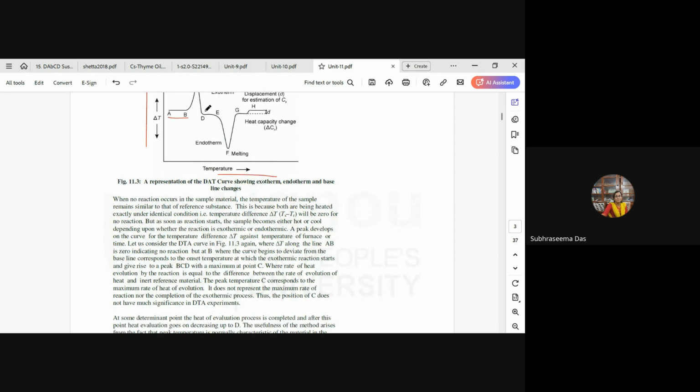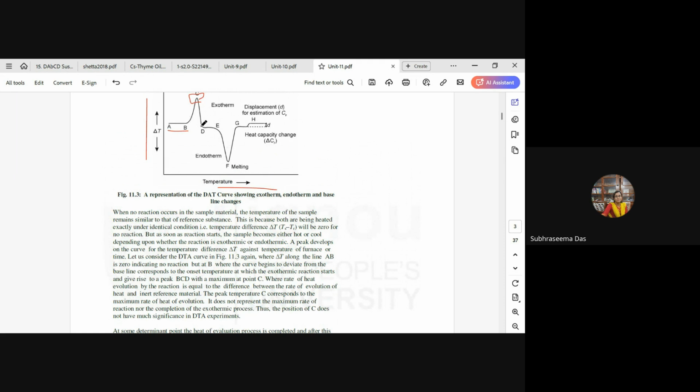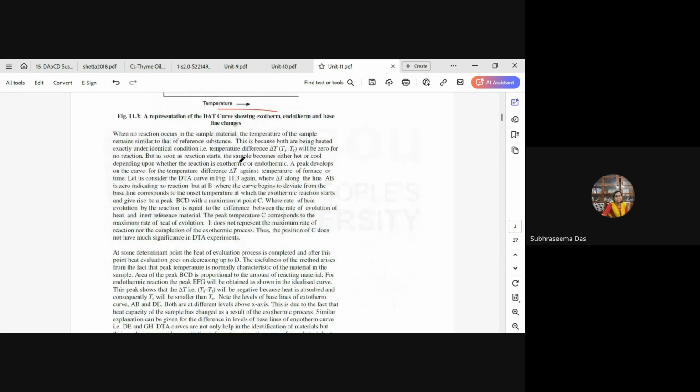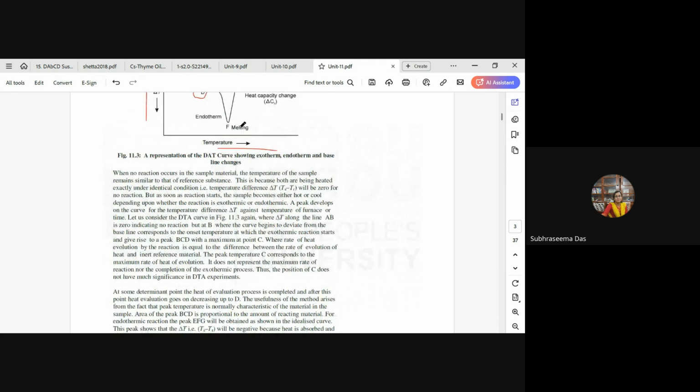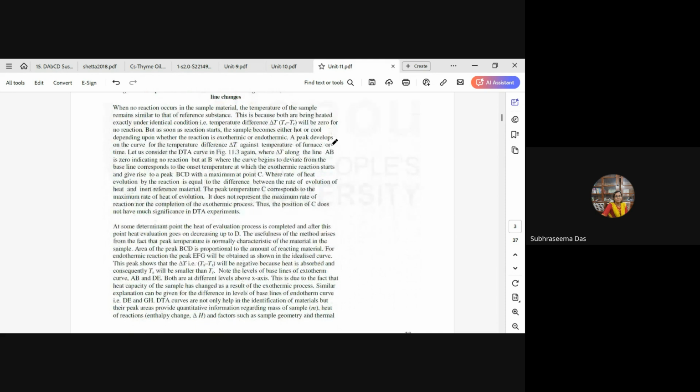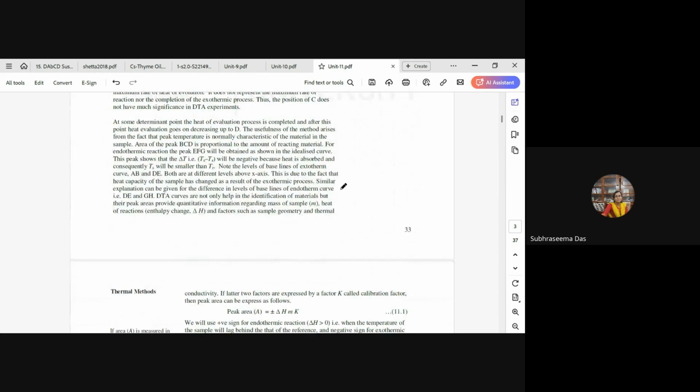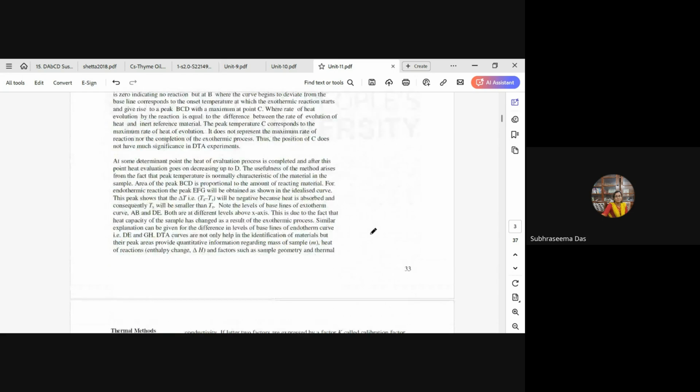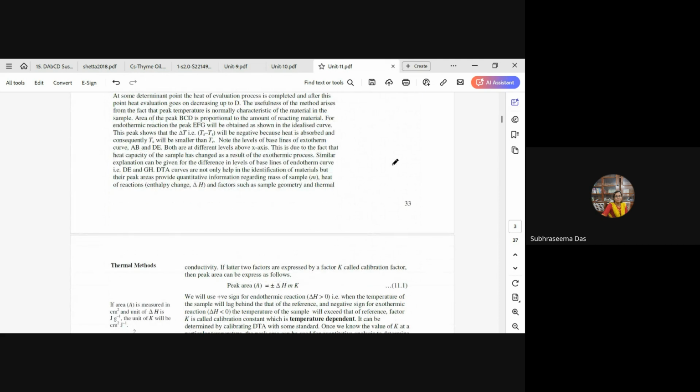Then if we keep on heating, as the temperature is increased gradually, delta T comes to D. Then ultimately we have the endothermic peak occurring at F. This point is of much importance, and this endothermic peak shows the melting temperature of our sample, generally called Tm.